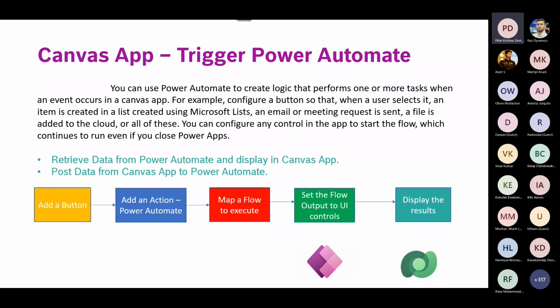Then we simply add an action to trigger a Power Automate flow. Map a flow for whatever action needs to be performed, or create an entirely new flow and directly associate it. Then if it has return values, we use some set variables within the Canvas app to temporarily hold those values and pass them on to the UI controls. This way we will be able to display the results from Power Automate.